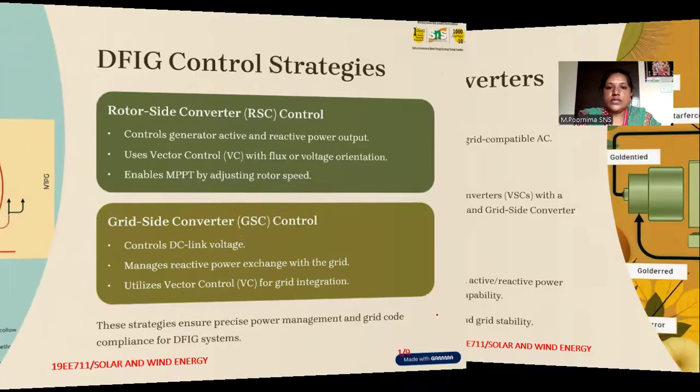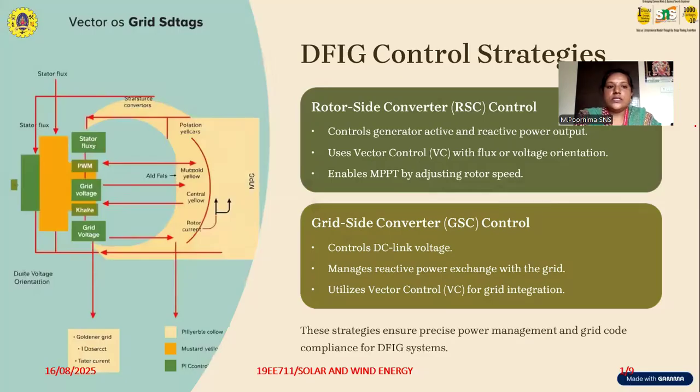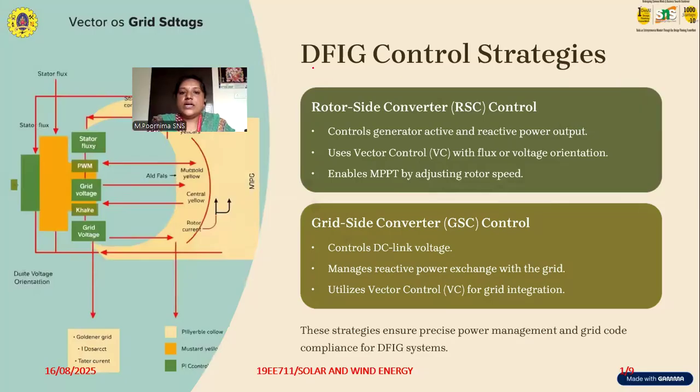Now coming to the DFIG control strategies. What are the DFIG control strategies? First is the rotor side controller. It controls the active and reactive power output and uses the vector control method with flux and voltage orientations, and enables maximum power point tracking by adjusting the rotor side. Next is the grid side controller.